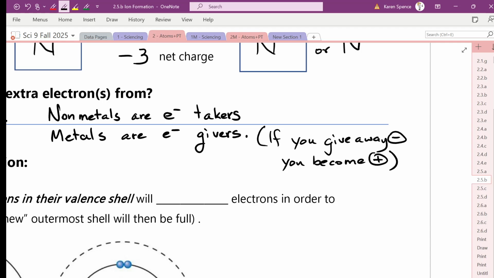Feel free to take an answer key too if you don't already have one. Just study for the quiz. There we go.